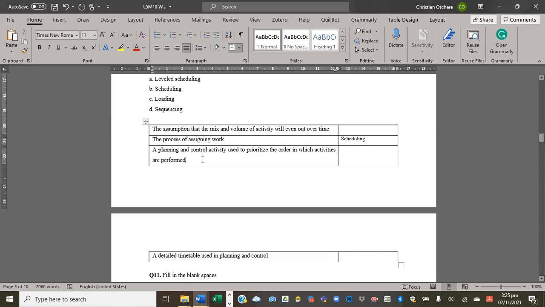Oh, I agree. Okay. The next one will be sequencing. Planning and control used to prioritize the order in which activities are performed. The order. Okay, that will be sequencing. Then a detailed timetable used in planning and control.